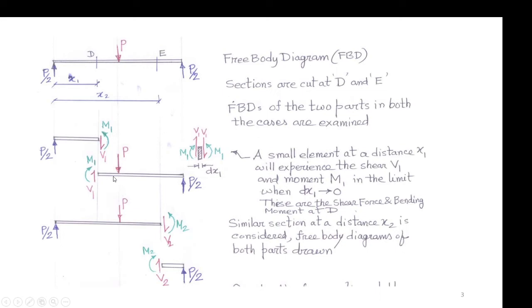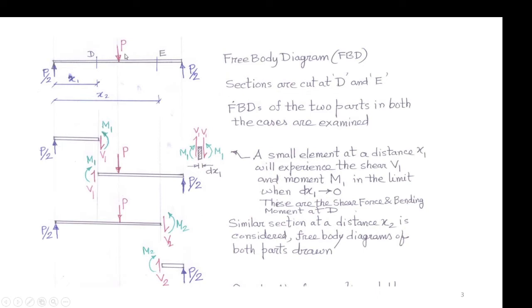The cross section now belongs to the second part of the beam, and M1 will be clockwise, equal and opposite to the other M1. So this part will be in equilibrium with V1 shear, M1 bending moment, P active force, and P by 2 reactive force. It may immediately come to your mind that something is missing on the left part, but your reaction actually reflects the existence of P.